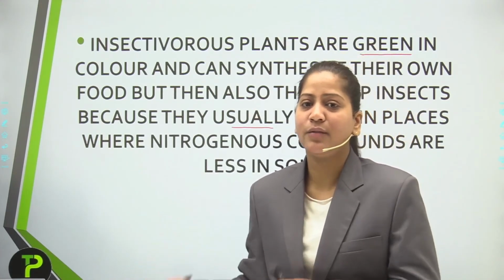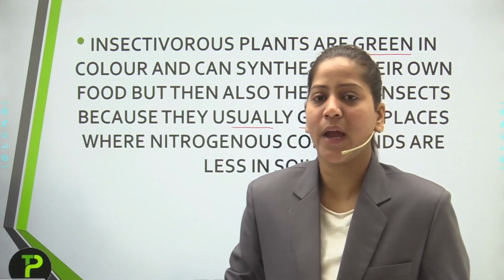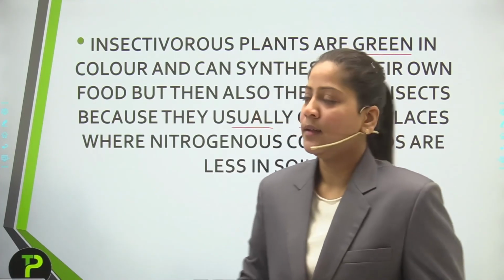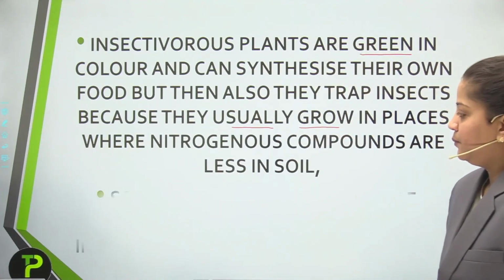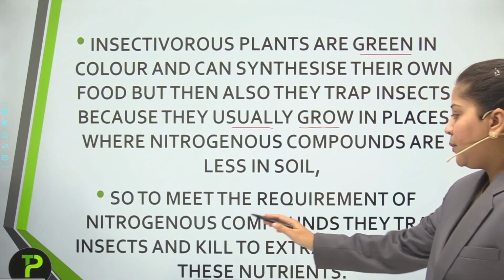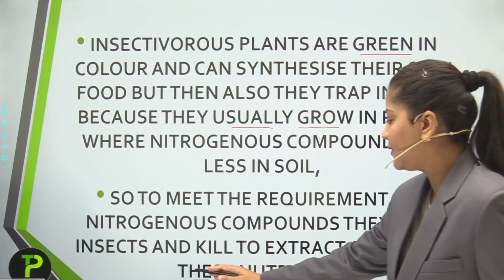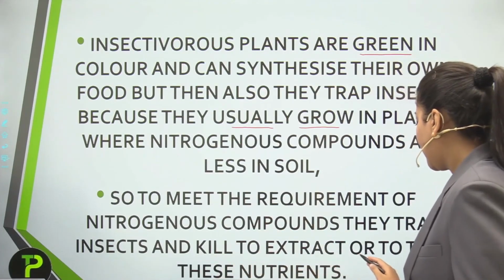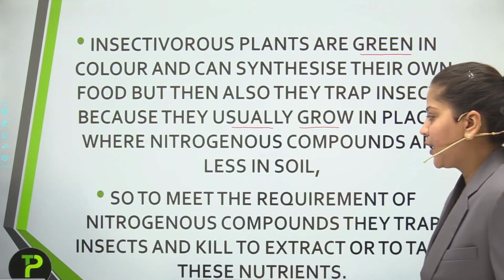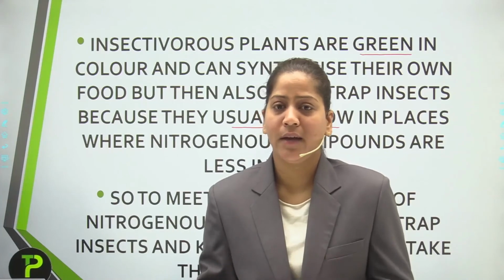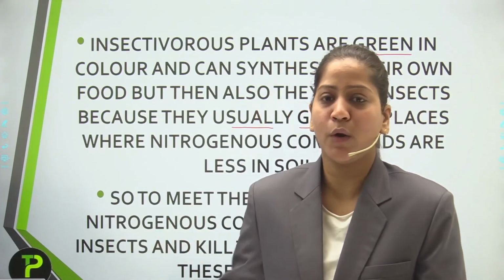That is why they trap insects, to get nitrogenous compounds and nutrients from them. To meet the requirement of nitrogenous compounds, they trap and kill insects to extract these nutrients. They require nitrogenous compounds and do not get them from the soil.